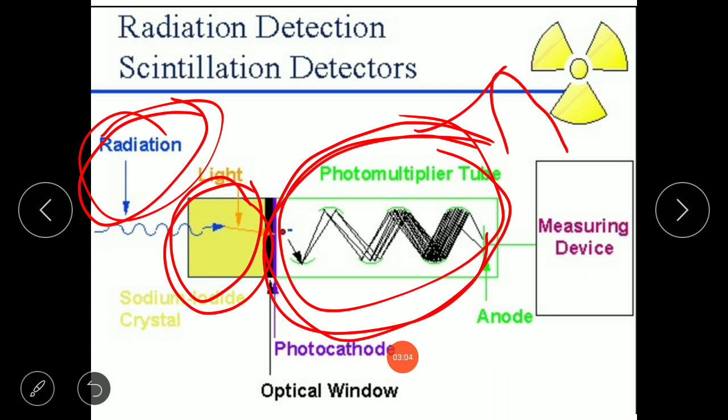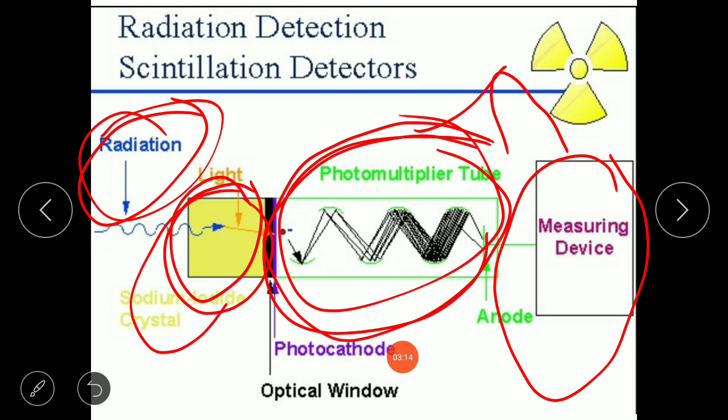The output of the photomultiplier is applied to a high speed electronic counter which counts each tiny pulse generated by the scintillation crystals on being struck by nuclear radiations. By counting the number of pulses in a given period of time, this scintillation counter can be used for detecting the intensity of radiation.